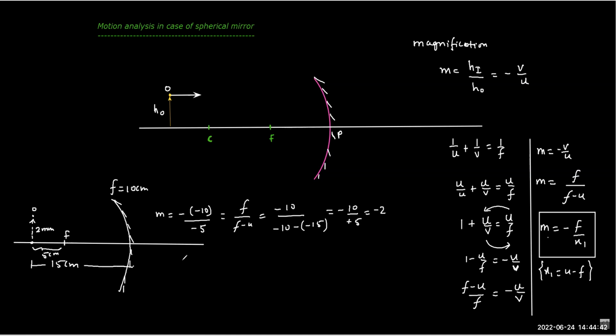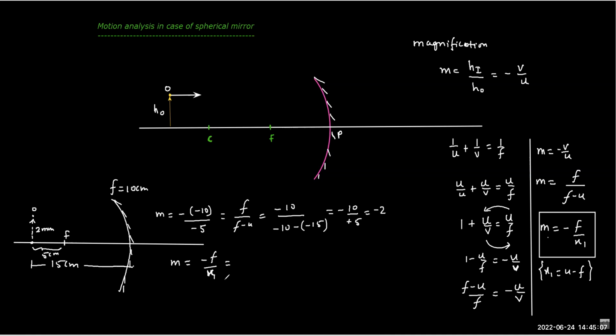And if you use the direct formula, minus f by x1, minus of minus 10. And how do we define x1? u minus f. So minus 15 and minus of minus 10. That's how we define x1.